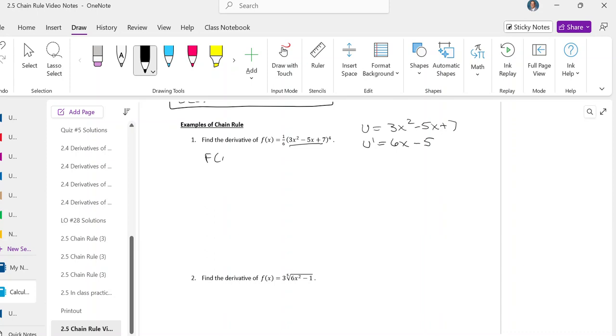So we'll say f of u equals 1/6 u to the 4th. So f prime of u is equal to, well, 4 times 1/6 is 2/3, u to the 3rd times u prime. So when we replace the u with the x, it's 2/3 times 3x squared minus 5x plus 7 to the 3rd power times 6x minus 5.